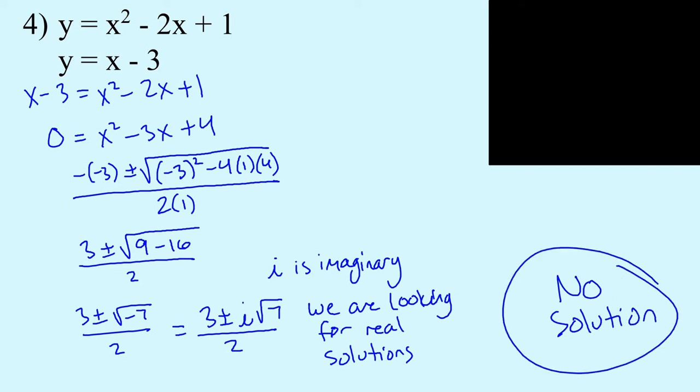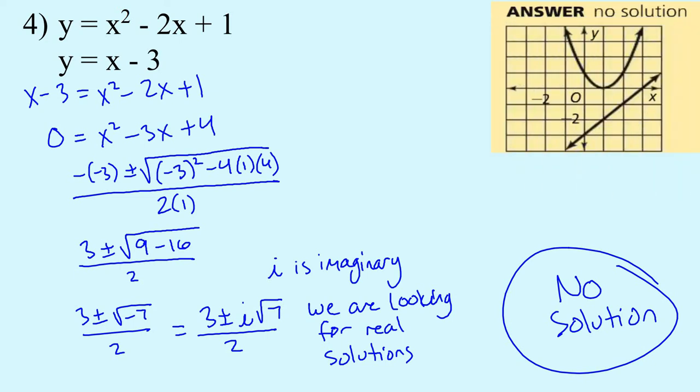And how can we double check that? We can solve any of these problems using our graphing calculator by just graphing it and looking for the intersection. Well, if it's a no solution, what's the graph going to look like? You guys graph it? Did you figure it out? Here it is. The answer is the graphs don't overlap.